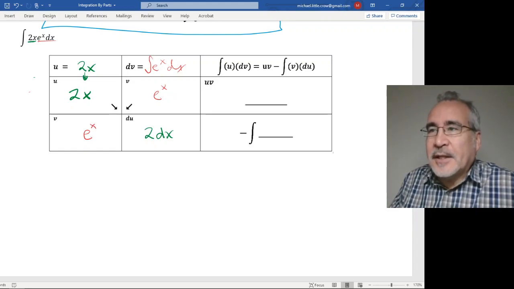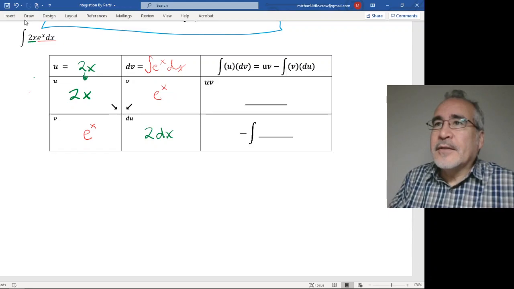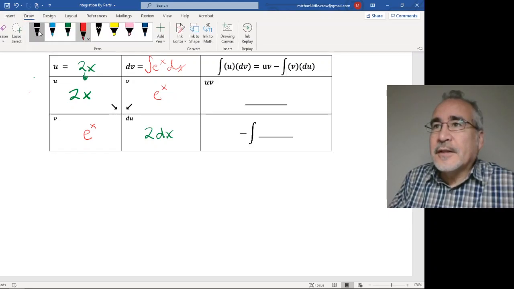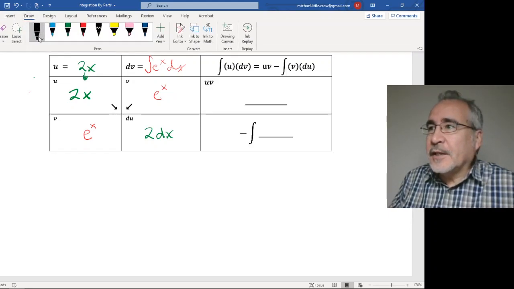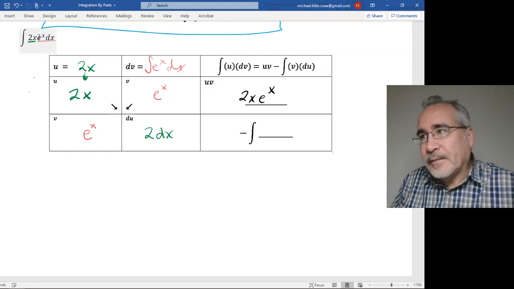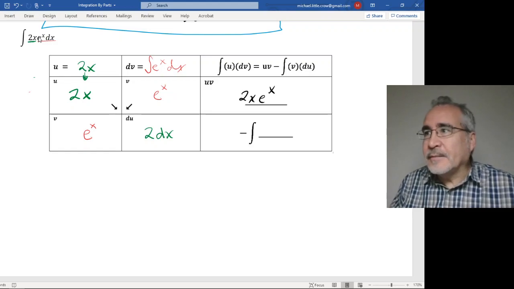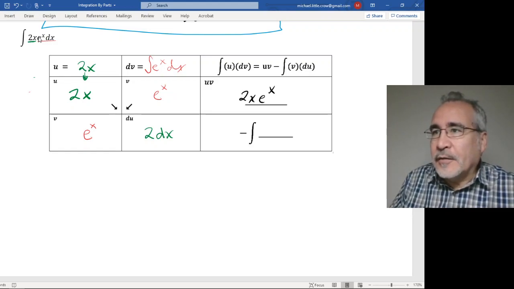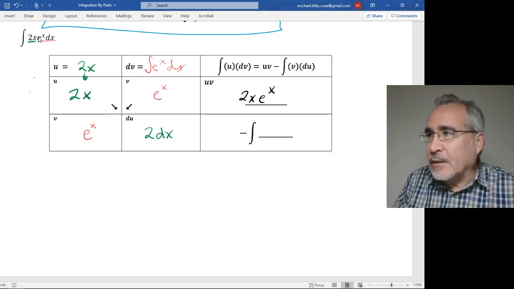Okay, copy it down. Now put the pieces together. Over here we get 2x e to the x, u times v, that's it. Those are those pieces. Over here, this is v du.